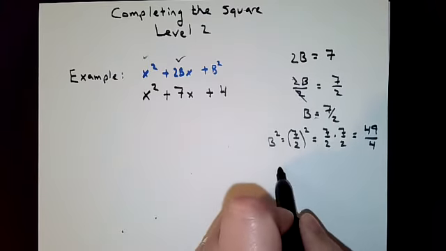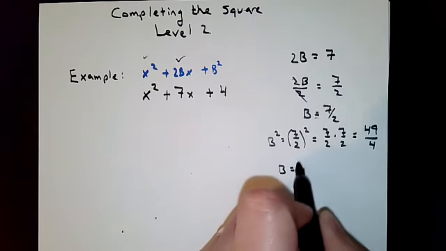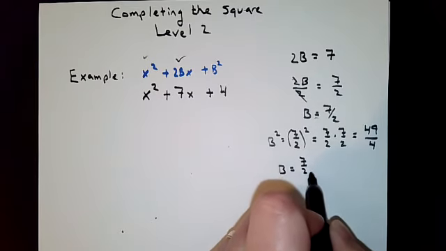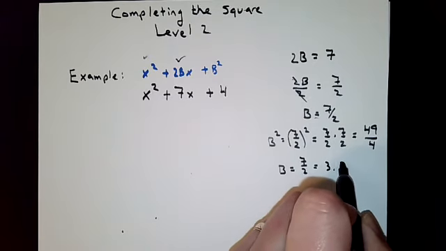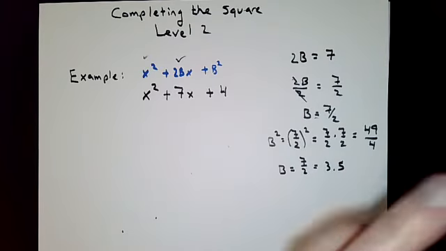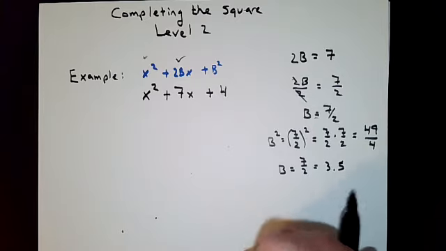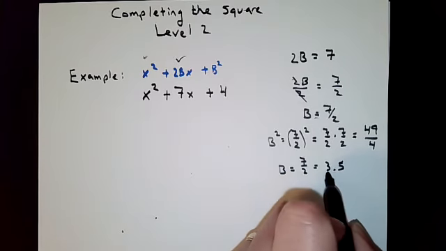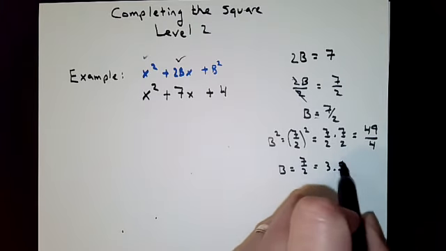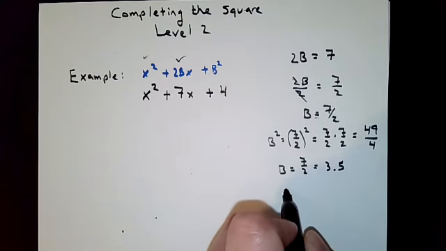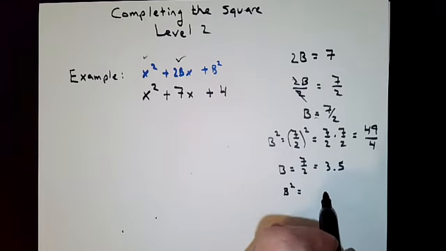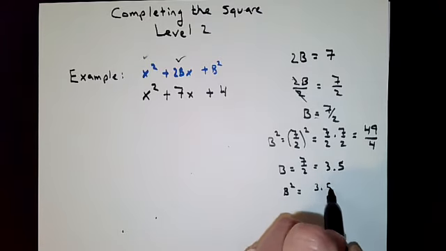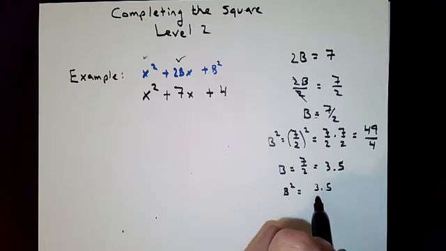By comparison, if you were to write b, which is 7/2, and you think about that as being 3.5, and you have to square that by hand, like on some mean teacher's exam where he doesn't let you have a calculator, you would have to take 3.5 times itself.